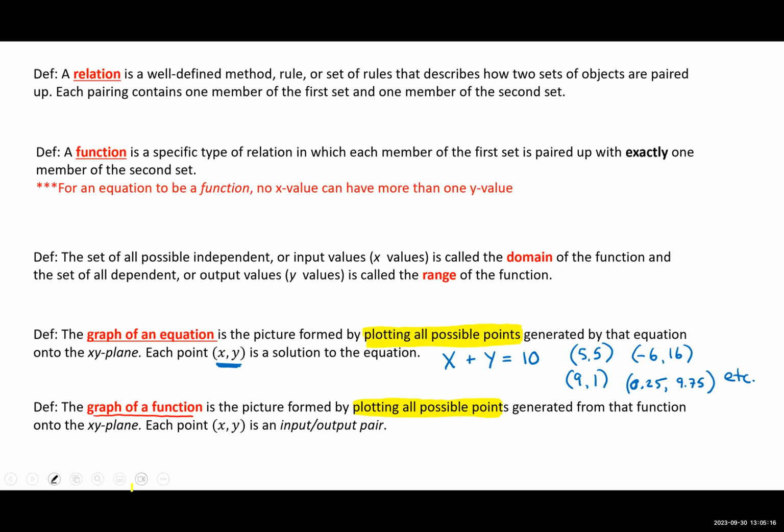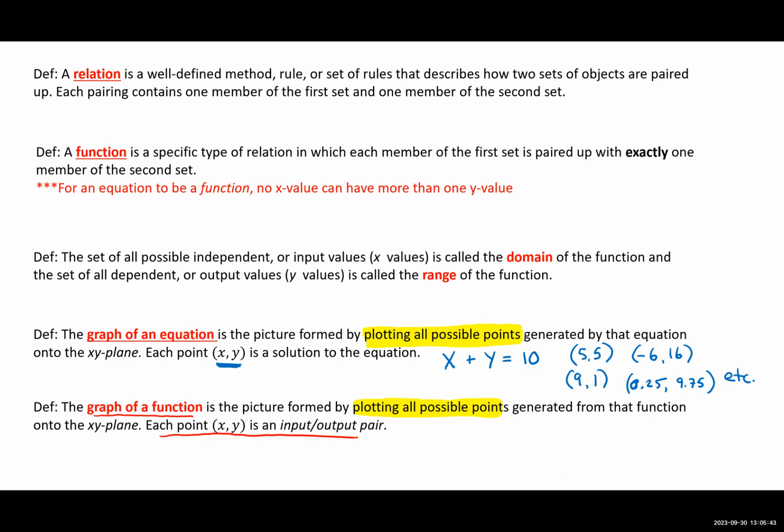And in a function, every point is an input-output pair. One number goes into the function, one number comes out of the function, and that's one point. And once we have infinitely many points, all of the possible points, that's what forms the picture or the visualization of that function.